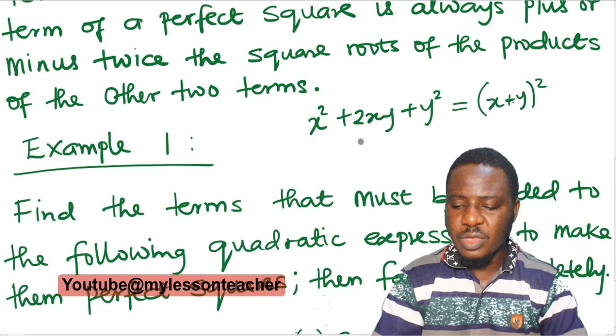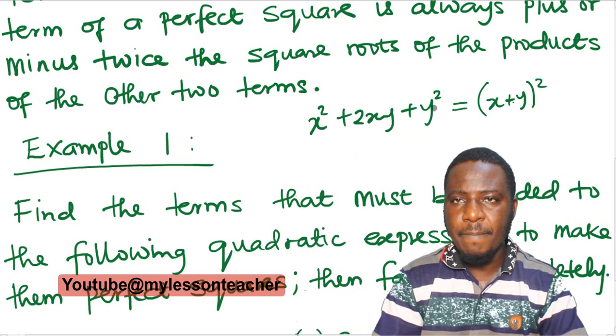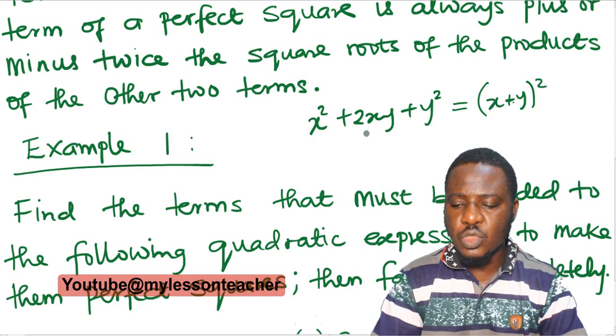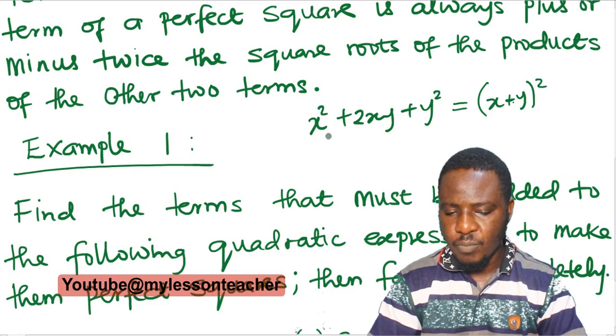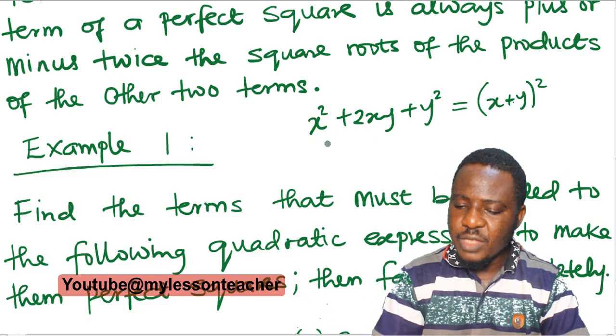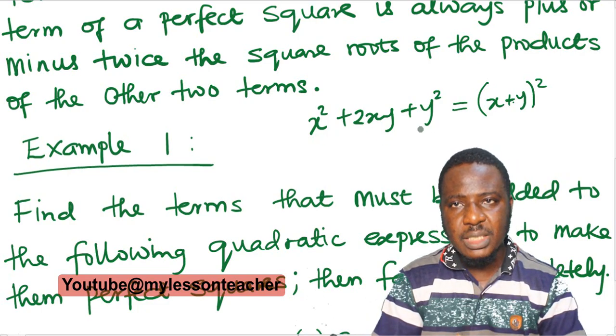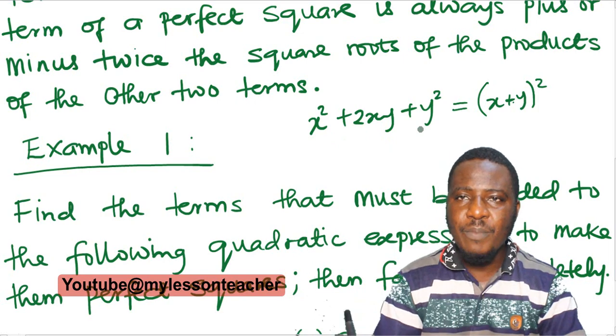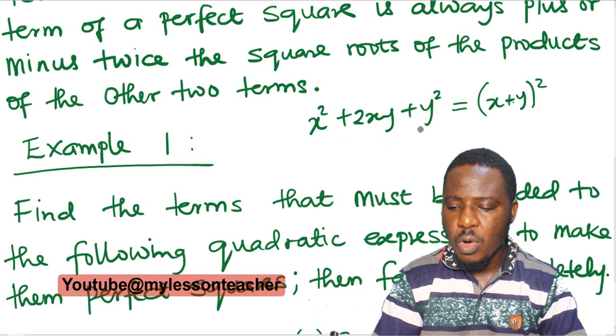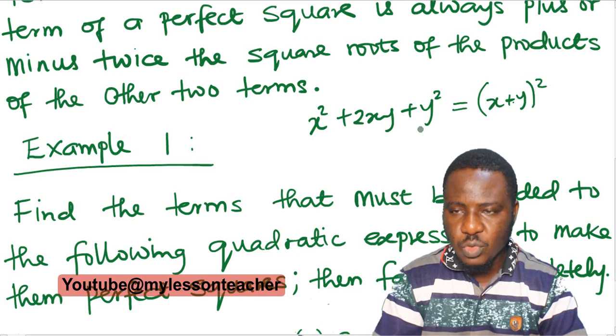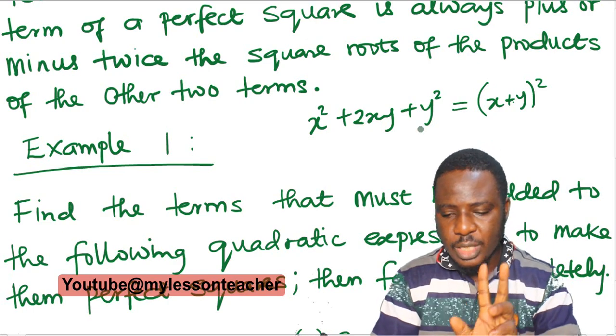I told you that for this to be factorizable, the first and the last term must be a perfect square and the middle term must be twice the product of the square roots of the first and the last term. So if this condition is not met, then we have to make it a perfect square by just doing two things.